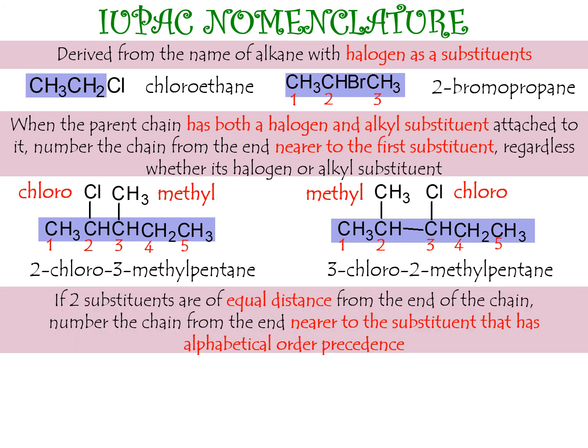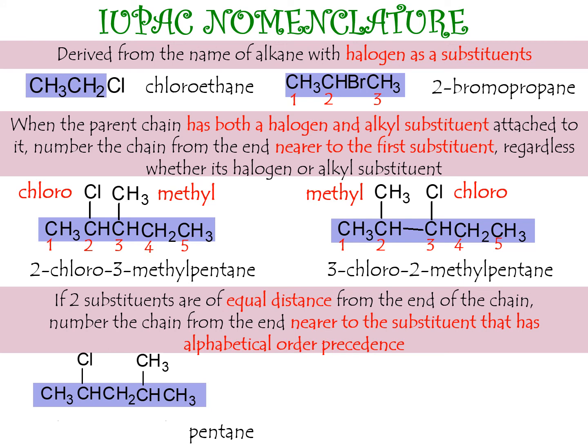If 2 substituents are of equal distance from the end of the chain, number the chain from the end nearer to the substituent that has alphabetical order precedence. Look at this example. There are 5 carbons in the parent chain, therefore the parent name is pentane. Two substituent groups are present, which are chloro and methyl. Look at the position of both substituent groups. Chloro is located at carbon number 2 from the left-hand side of the parent chain.